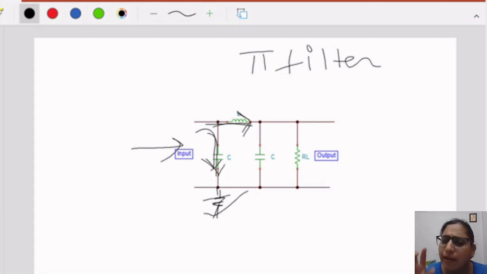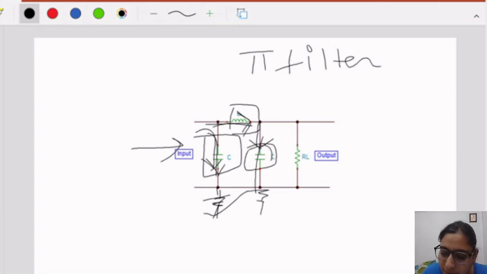Then whatever component is left, this capacitor has already cleansed the AC component and this inductor also cleansed the AC component. But again this capacitor sends all those remaining AC components to ground and provides a clear path for the DC.